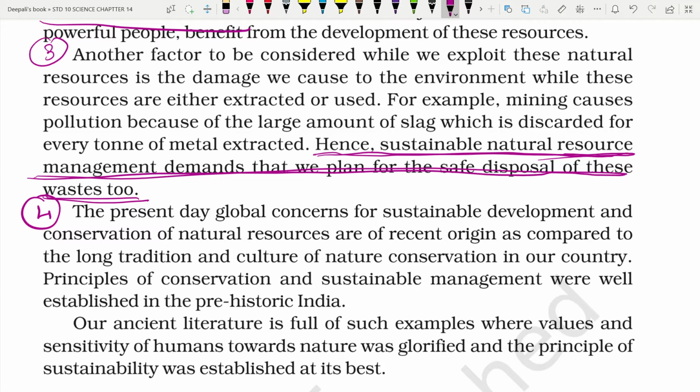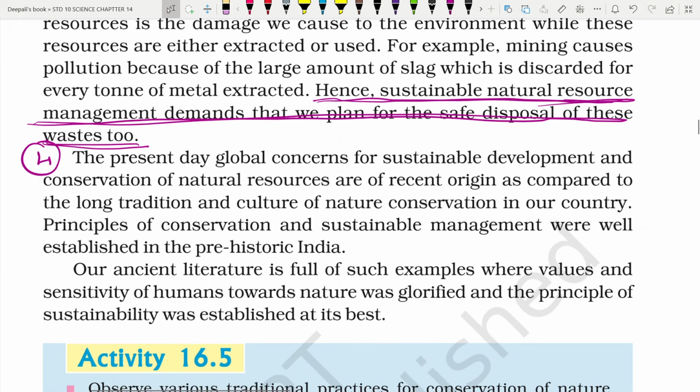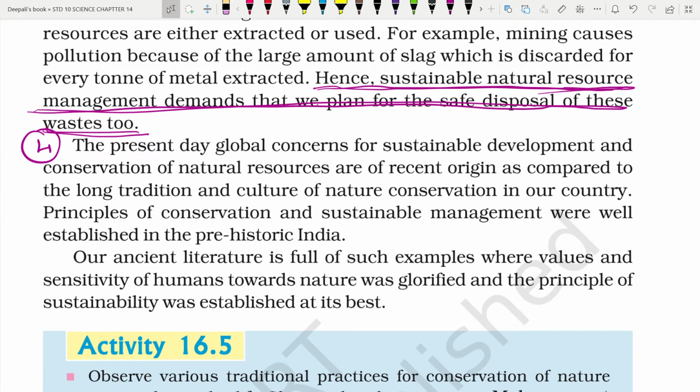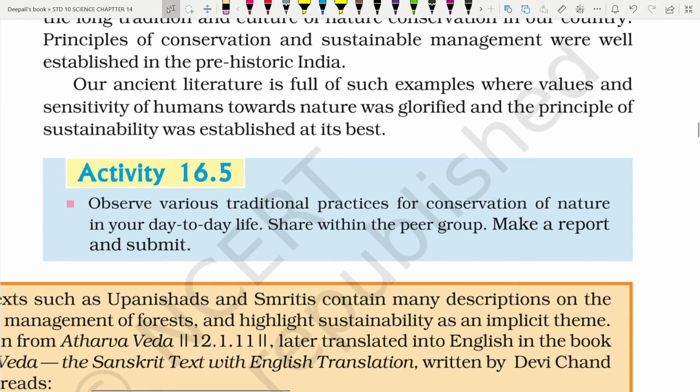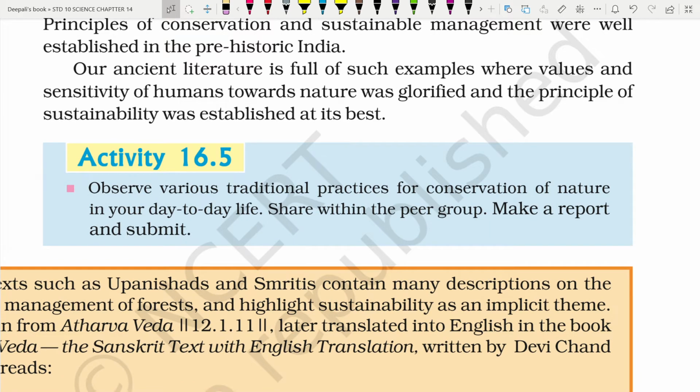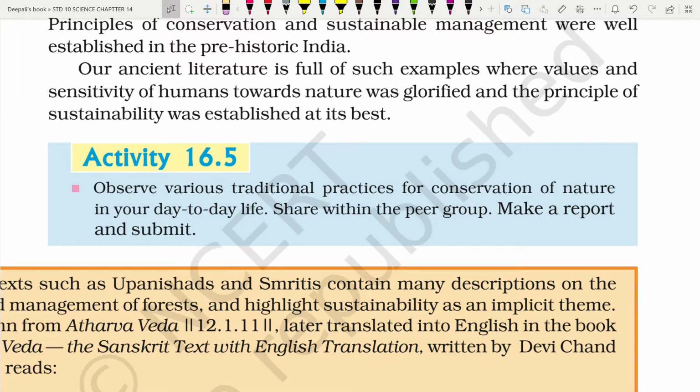Fifth, our ancient literature is full of such examples where values and sensitivity of humans towards nature were glorified and the principle of sustainability was established at its best. So, we can observe practices for conservation of nature in our day to day life, share within the peer group, make a report, and submit it.